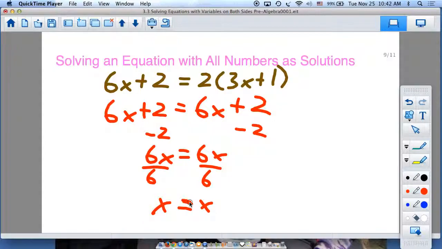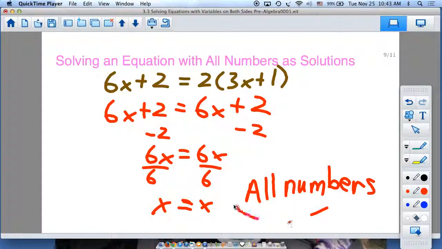So you can see that any number you put in for x is going to equal x. You can check several different numbers yourself, substitute them in for x, and see if both sides of the equation equal one another. So for this answer, you would write all numbers for your answer.